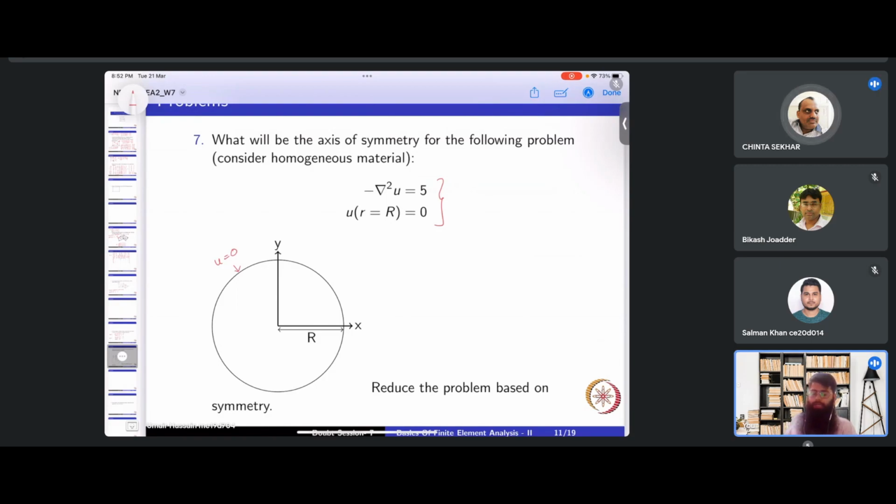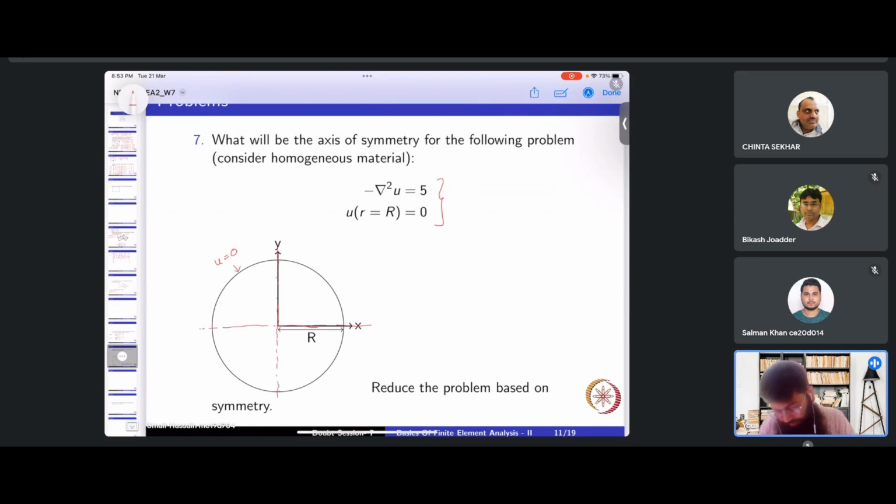A quarter circle becomes a semicircle, so that's why quarter symmetry. So we have symmetry about this axis, and we also have symmetry about the y-axis.